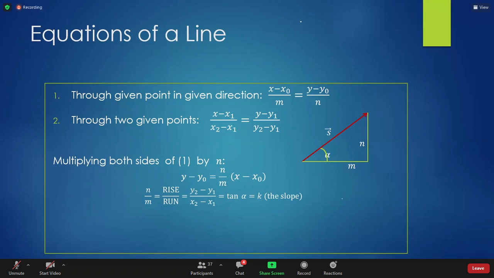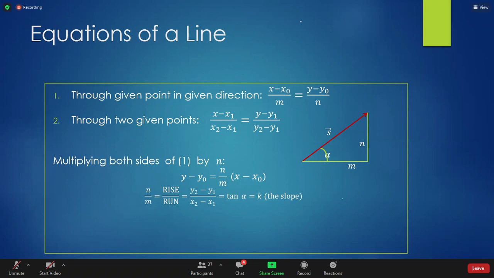And so we had this slope thing. We see that, first of all, we recognize this as the tangent of the angle. We call it the slope. And this is where the traditional equation of a line actually comes from. It's not as if we start with some linear equation for a line.